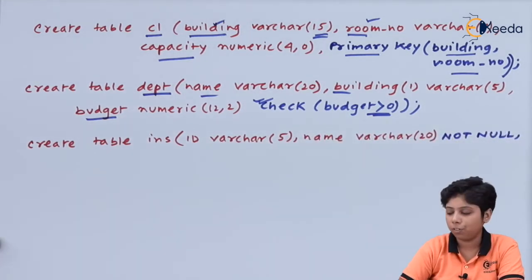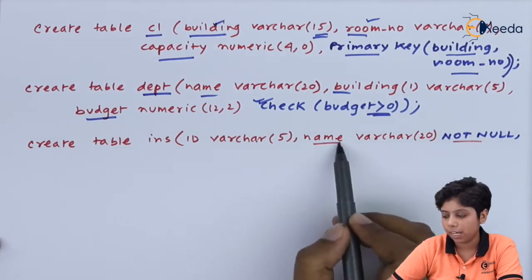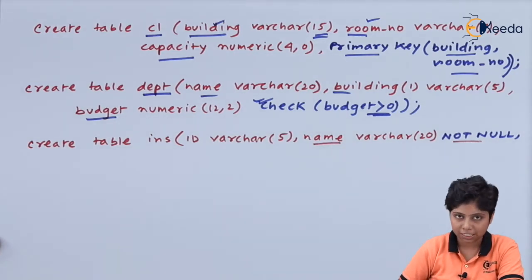See here I have used the not null constraint with name so that the name cannot be kept null while inserting or updating.